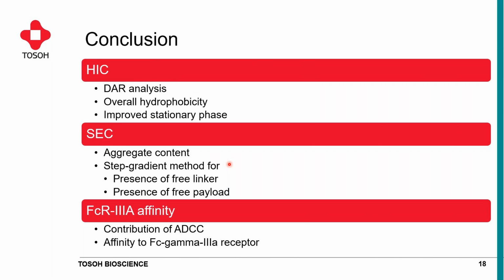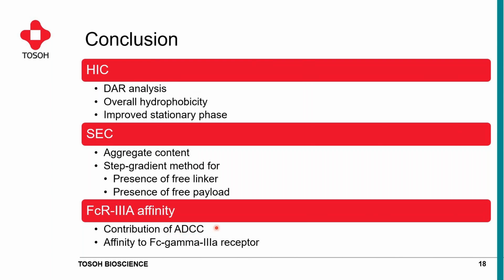Last but not least, something very specific, if we want to look at secondary modes of action, one possibility is to use FcRIIIa affinity chromatography, which contributes to the overall action of the ADC efficacy by an extra ADCC.